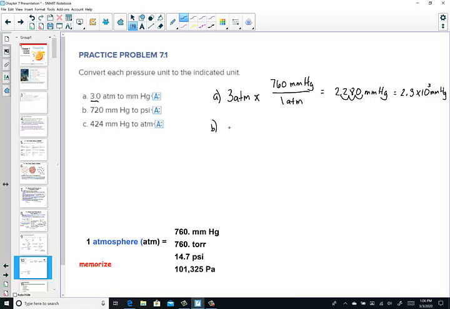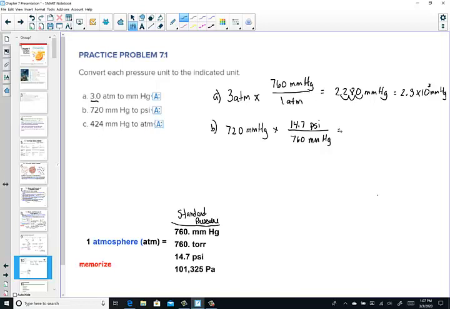How about letter B? We're given 720 millimeters of mercury. This time we want to know PSIs, so it goes on the top. We want to cancel the millimeter mercury, so it goes on the bottom. We're working to remember the equivalent values at standard pressure, these are all values for standard pressure, standing at sea level, those are standard conditions. 14.7 psis is equivalent to 760 millimeters of mercury.